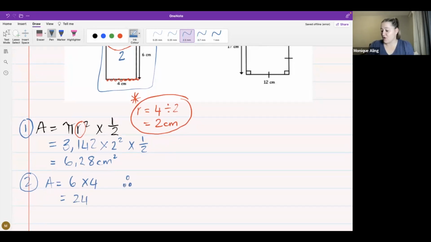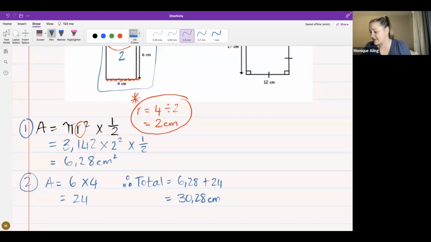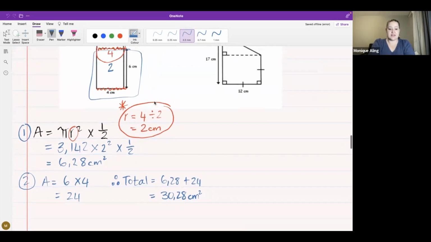So therefore, our total area, we add 6,28 plus 24 gives us 30,28, and dealing with centimeters, so centimeters squared. Okay, nice. So don't forget, we need to add the two together afterwards.